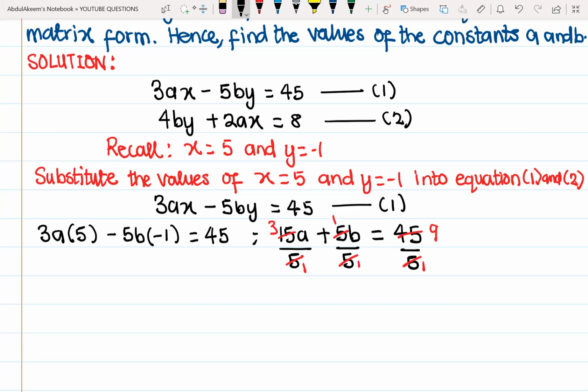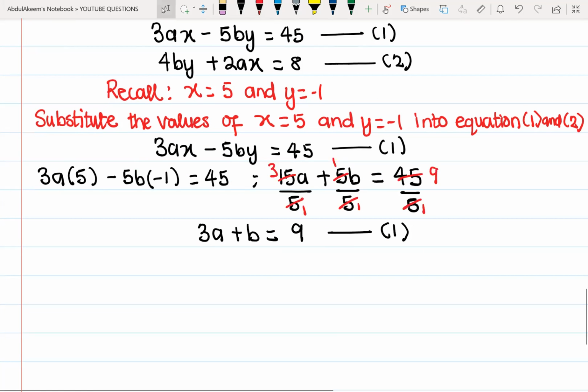This will become 3a plus b equals 9. This is the new equation 1, or let's name it equation triangle.